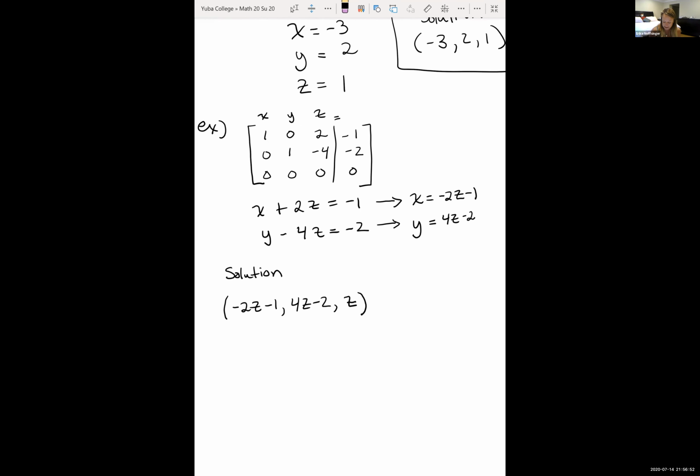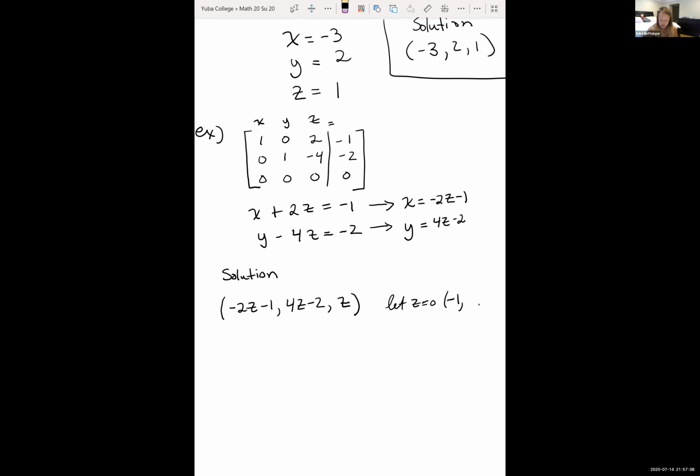So if you let z equal 0, your solution would be, well, -2 times 0 is 0 minus 1. So you'd have -1 for the x value. You plug in 0, you have to put it in for everything though. 0 in for your y. You'd have 4 times 0, 0, plus -2, so minus 2, and 0.